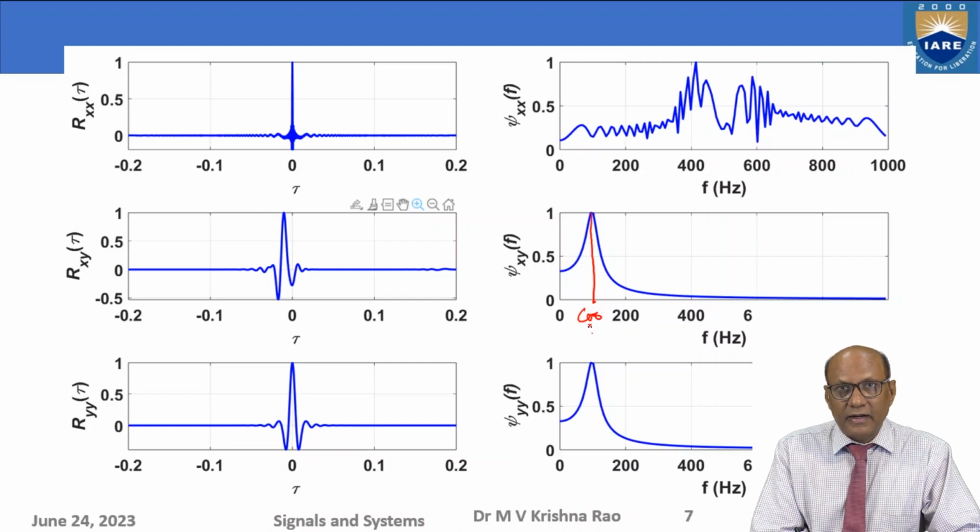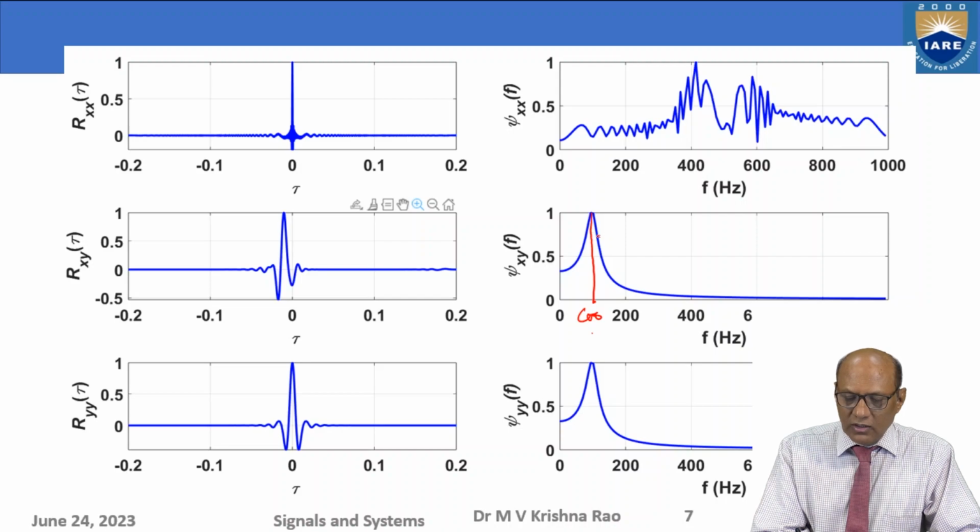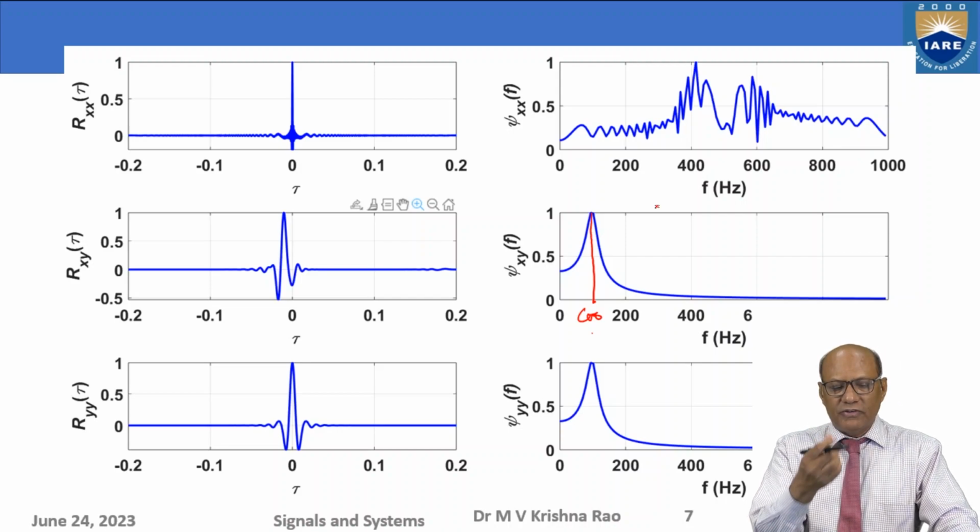Okay, 100, 100.5, 100.1, 100.2, like that. They're all continuous frequencies, not discrete ones. So that means there is no line spectrum. This is a continuous spectrum, but the range is very small.